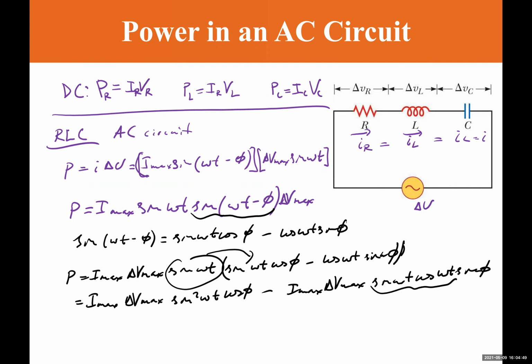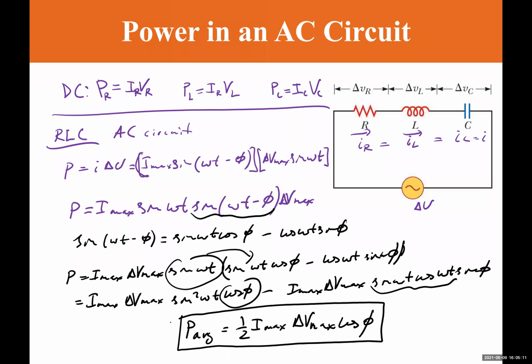That means this will be simplified to P average is equal to one half I max delta V max, and the only surviving term here is cosine of phi. And that's what we write down. So that's the average power.